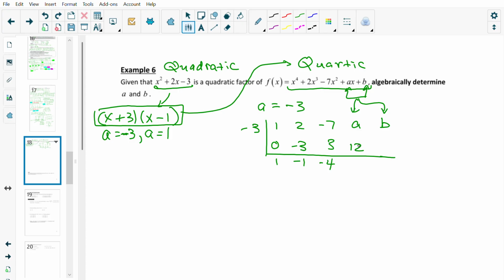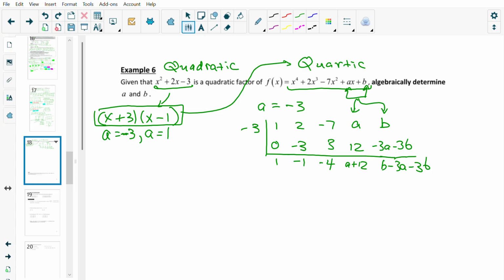Okay, negative 3 times negative 4 is positive 12. A plus 12 is a plus 12. Negative 3 times a plus 12 is negative 3a minus 36. B plus negative 3a minus 36. So follow all the same steps that you would.